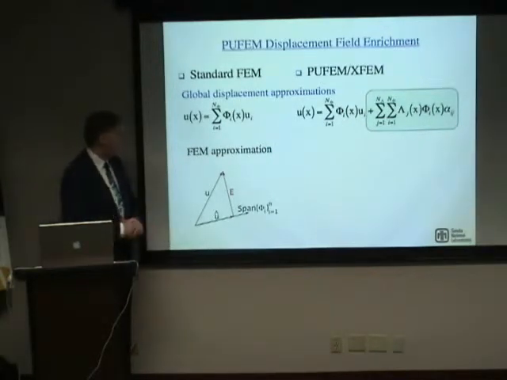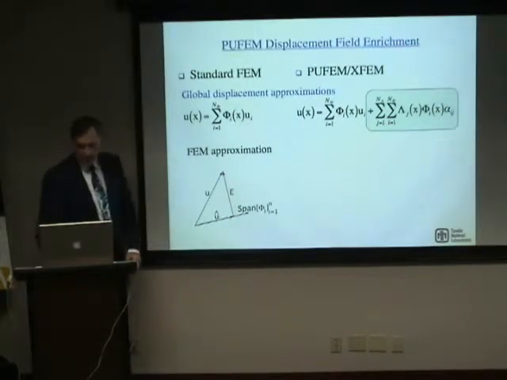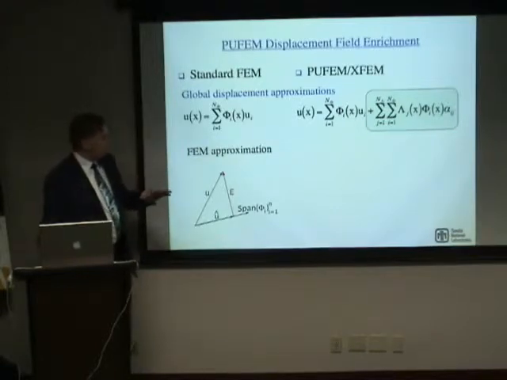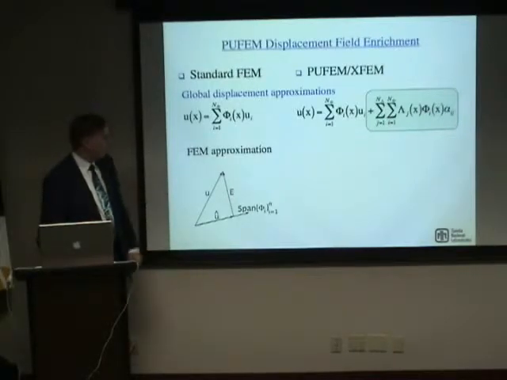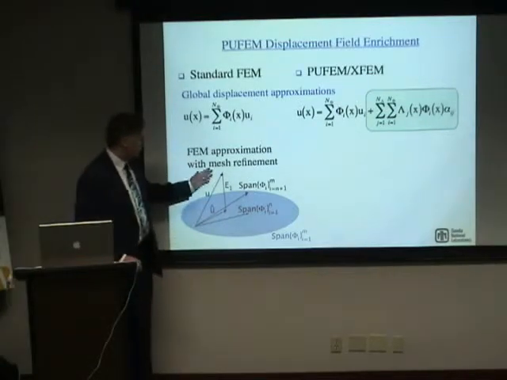Now in concept, the idea here is, let's say for example that you're starting with a finite element approximation and you want to improve upon that. So for the moment, back off, if you will, thinking in terms of the crack problem, and just think of a problem where you want to incorporate enrichment. It could be, for example, a reentrant corner in a domain. Well, the way that we're going to improve upon that in finite element methods is through mesh refinement.